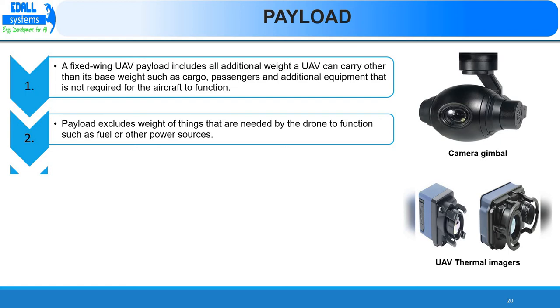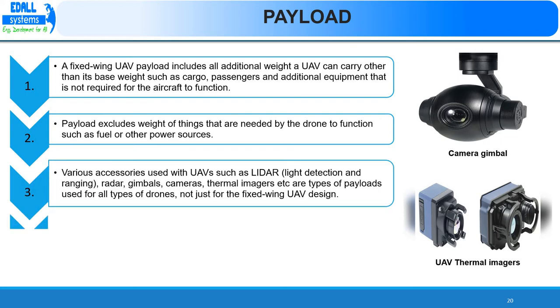The payload excludes the weight of the things that are needed for the functioning of the drone, such as fuel or other power sources. The different types of payloads such as lidar, radar, gimbals, cameras, thermal imagers, etc. are used for all types of drones, not just for fixed-wing UAVs.